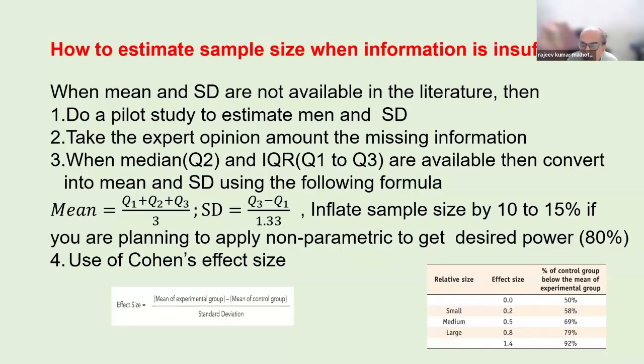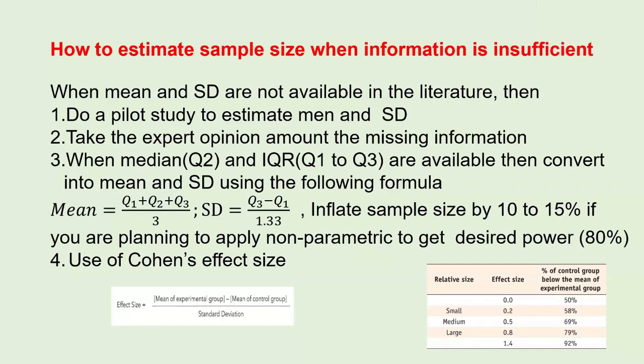So in that case, you don't have any values available. So you are doing it for the first time. In that scenario, you don't have any information: what is the standard deviation, what will be the proportion of efficacy. So in that case, you have to estimate it.